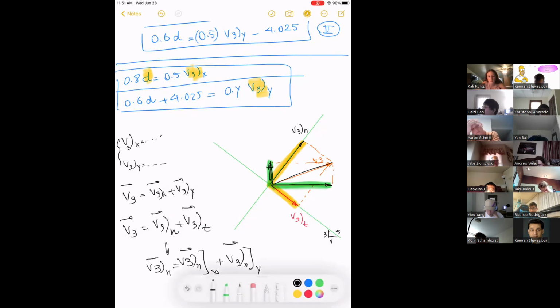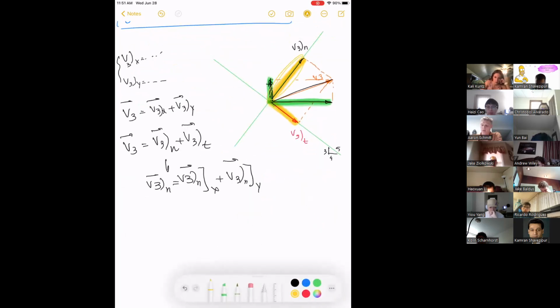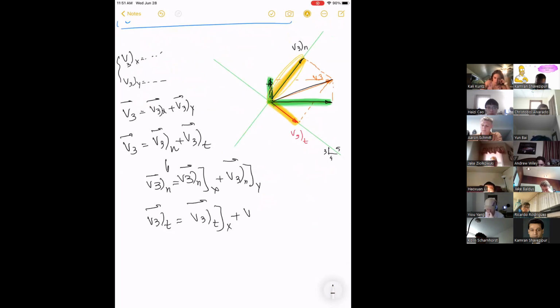Because this yellow vector, I can get its X and Y components, right? Do you guys follow? And then I can also say, okay, V3T as a vector is V3T X component plus V3T Y component. Can I do that? So practically, I get my N and T components of velocity into X and Y.